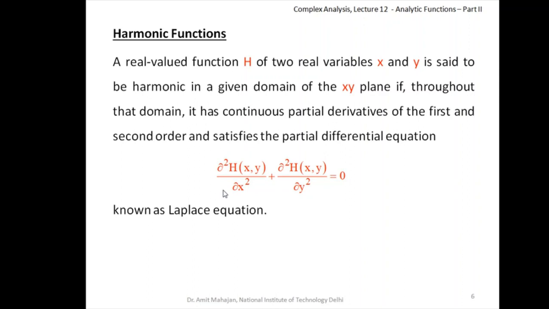This equation says the second derivative of h with respect to x plus the second derivative of h with respect to y must be 0, where h is a function of x and y. So any function h of two variables which has continuous first and second order partial derivatives and satisfies the Laplace equation is called a harmonic function.